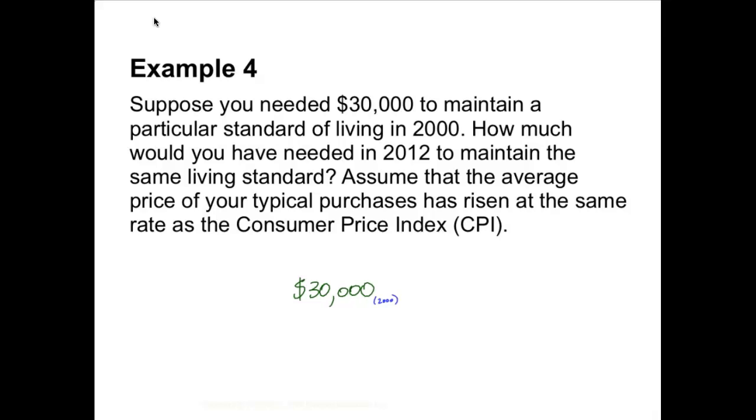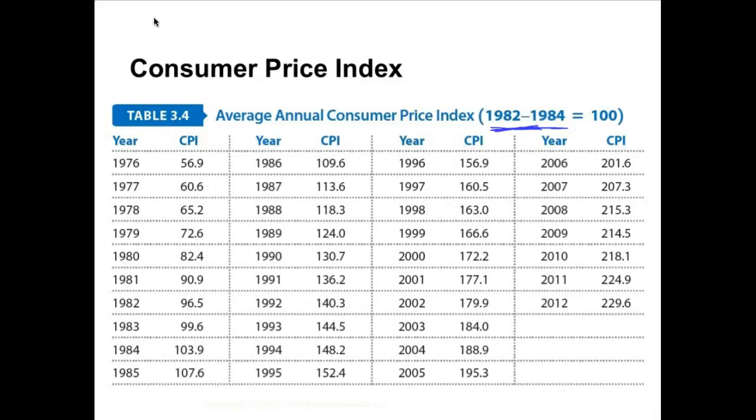I know my technical units are dollars, but these are year 2000 dollars, right? And what we want to do is convert those to year 2012 dollars, okay? And so the way we're going to do that is using our CPIs, our consumer price indices from those years.